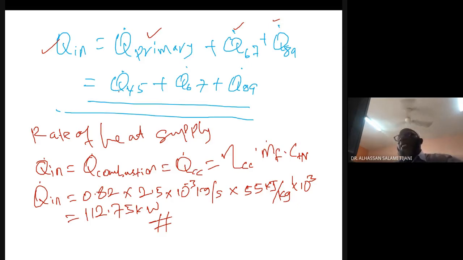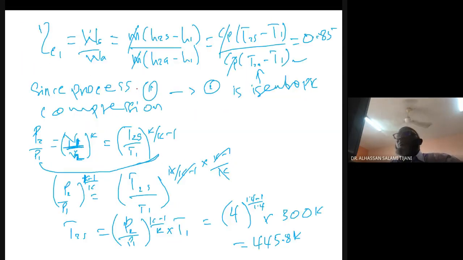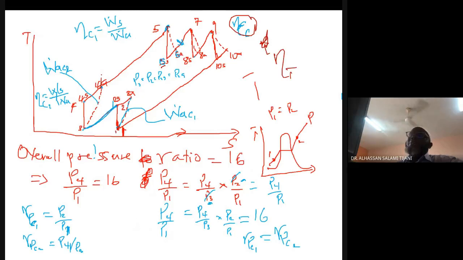It is simply given by Q45, meaning the heat added from state 4A up to state 5, plus the heat added from state 6A up to 7, and then the heat added from 8A up to 9. These are the amounts of heat. This is the primary heat that is added to the cycle, and these are the reheating.